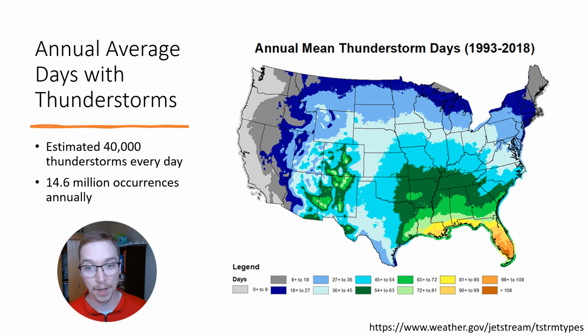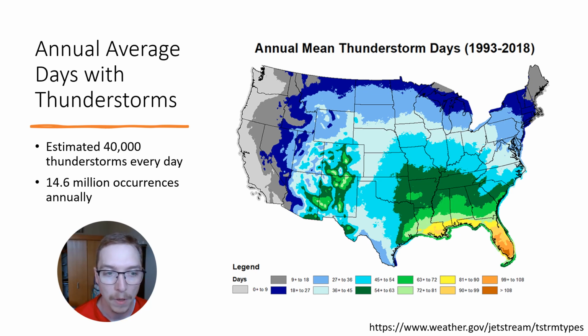Now, these aren't particularly uncommon phenomena. If we look at annual mean thunderstorm days between 1993 and 2018 across the contiguous United States, they are mostly centered down in Florida, and it spans out from there with some differences in places like the Denver area, or on the leeward edge of the Rockies, for example.